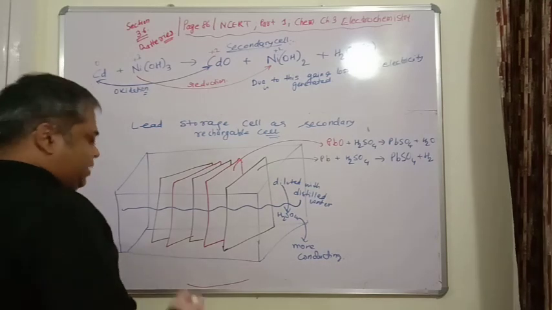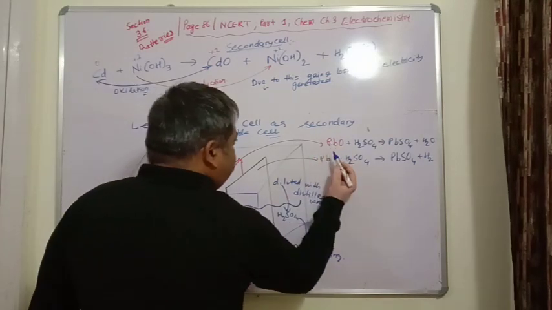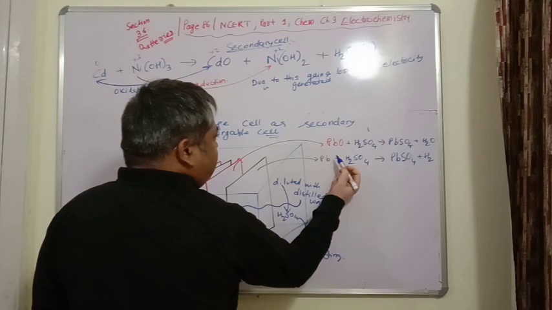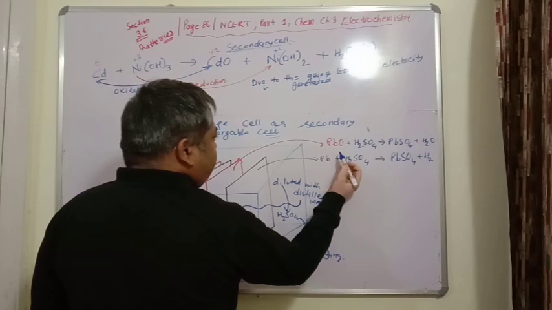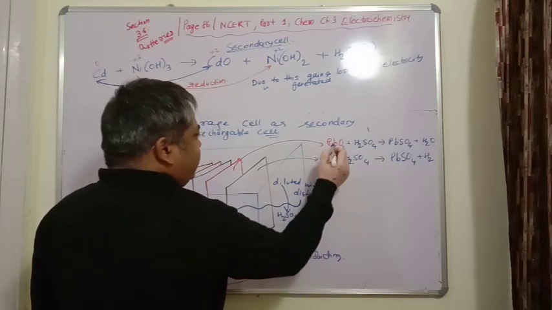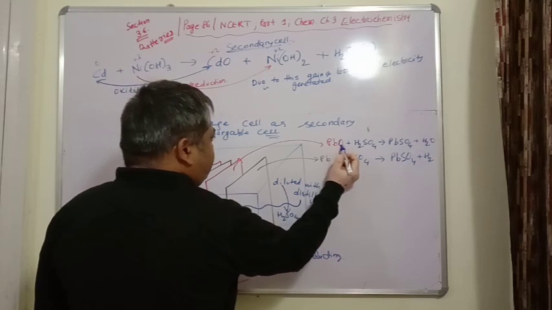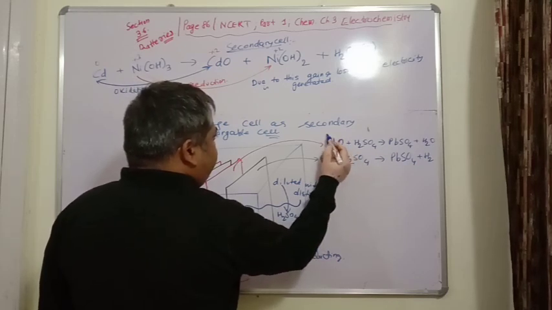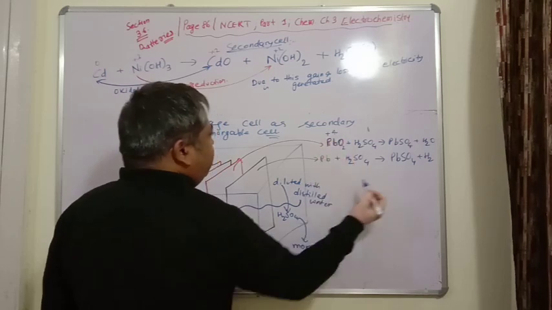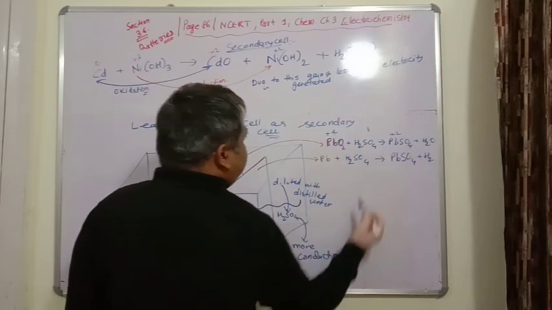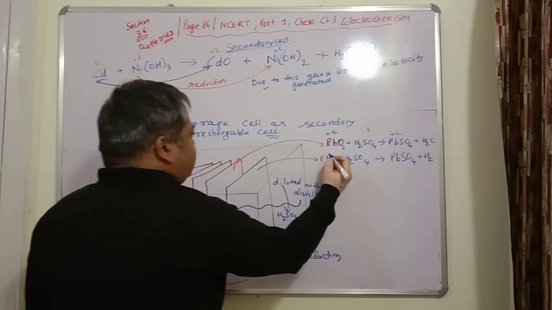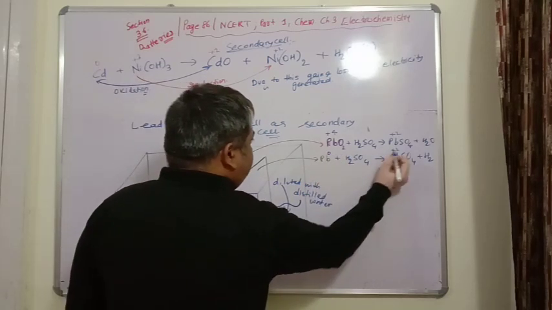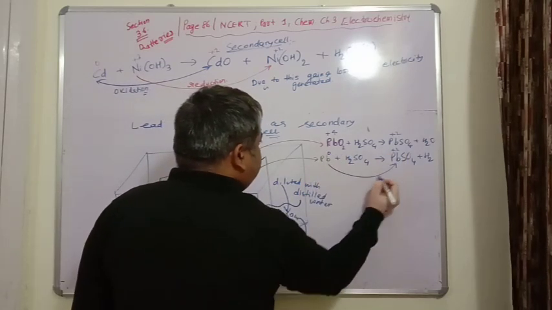Now, in this case, PbO2 is taken. So in this case, if it is PbO2, so Pb is in plus 4 oxidation state and it forms plus 2. So it is reduction. And this is 0 and this forms plus 2. So this is oxidation.